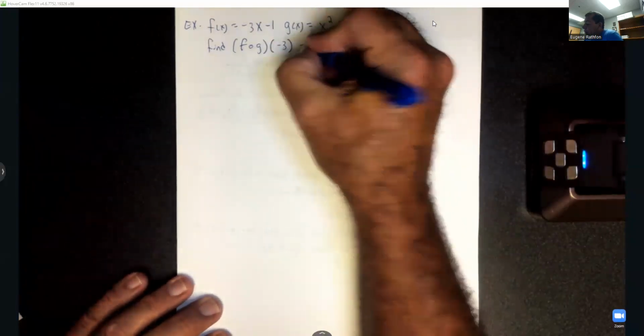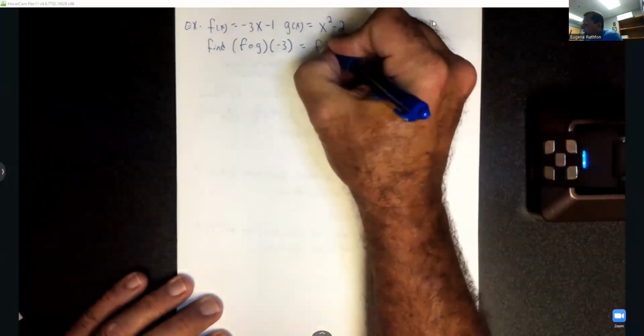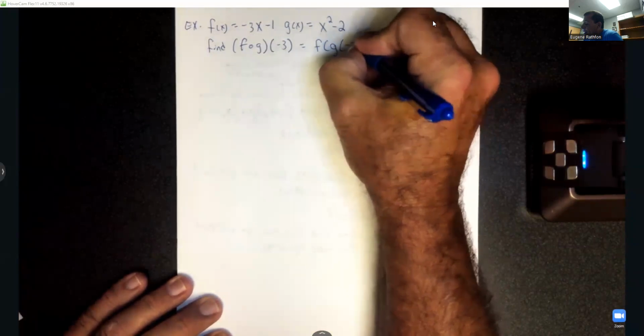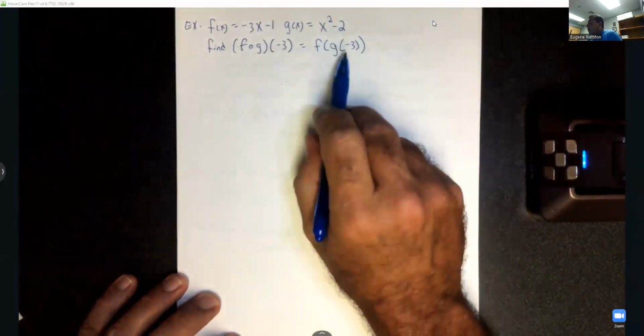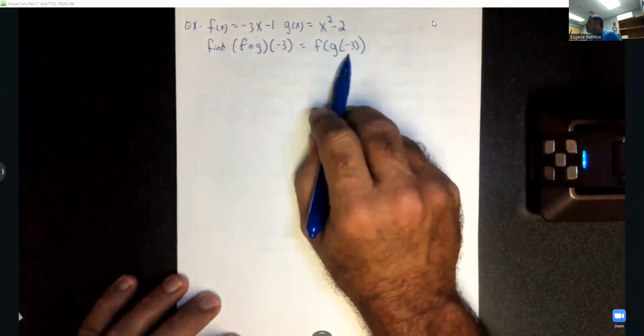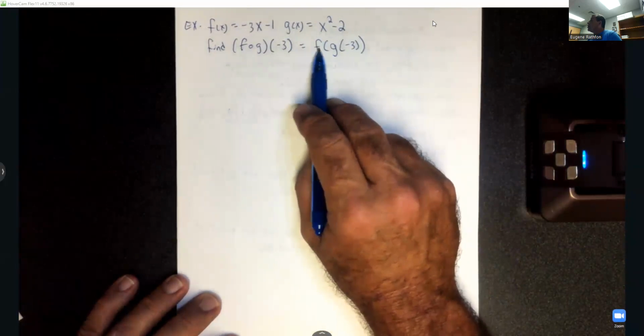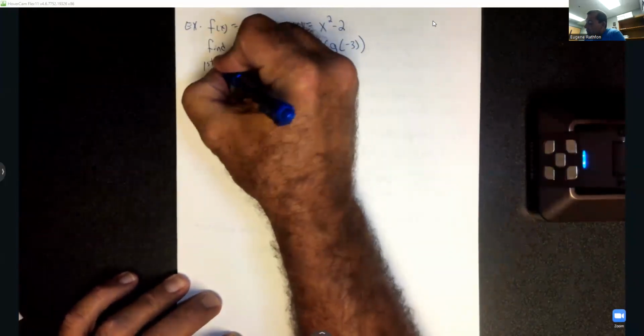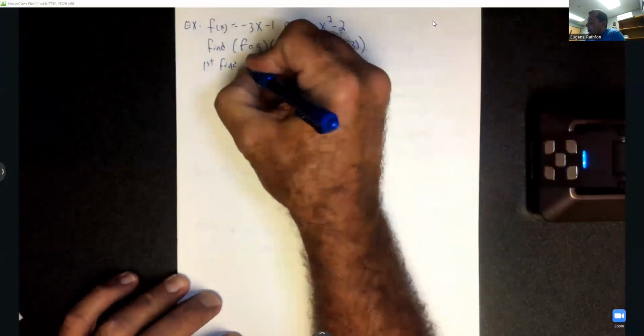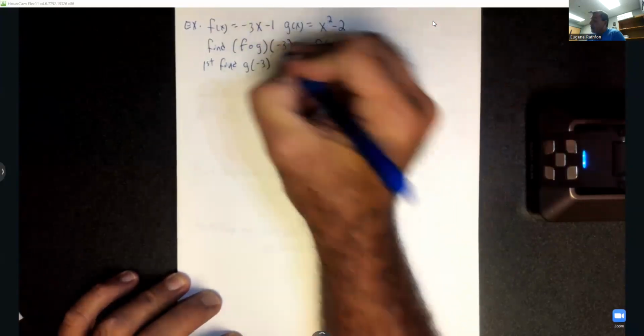So we're sort of happy they gave us a negative 3. So this is like finding f of g of negative 3. So I want to start from the innermost. I'm going to find g of negative 3 first. Once I find g of negative 3, that answer goes into the f. So here we go. First, find g of negative 3.